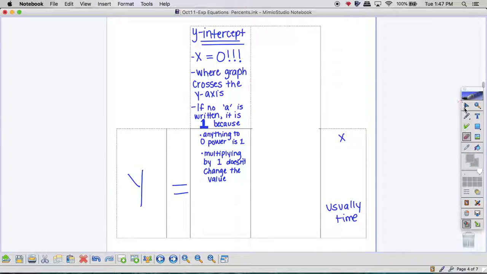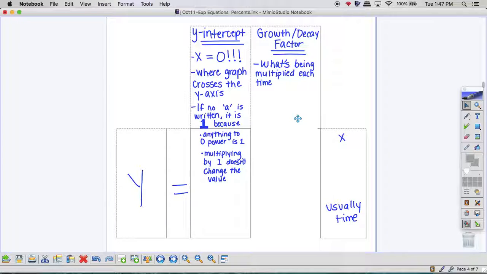Okay, under the b, we called the b the growth or decay factor. The growth or decay factor is what is being multiplied each time, what the y values are multiplying by each time. The growth or decay factor is similar to slope, except slope is what is being added every time, and this is what I'm multiplying by every time.